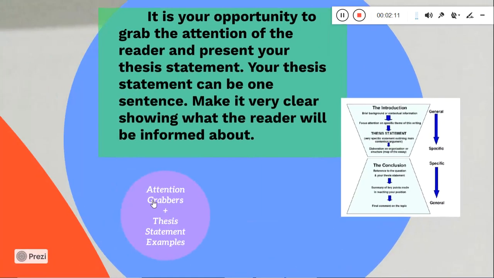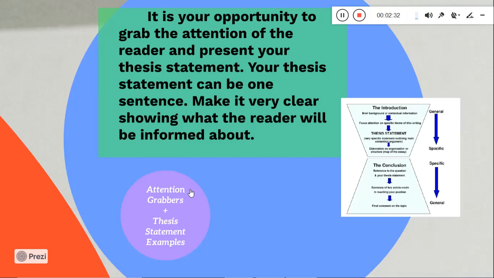Let's move on to attention grabbers plus thesis statement, or the introduction. And we have got a surprise here. I have a very nice surprise for you: some phrases that we can use in any topic.